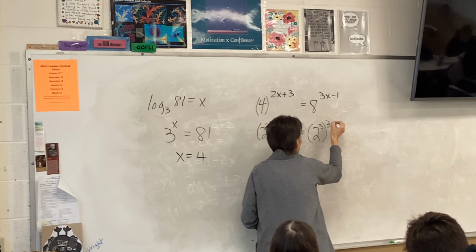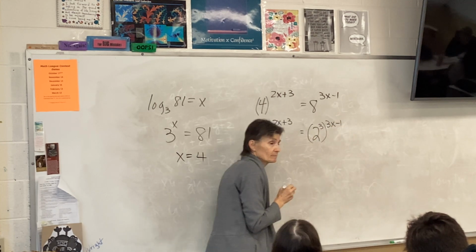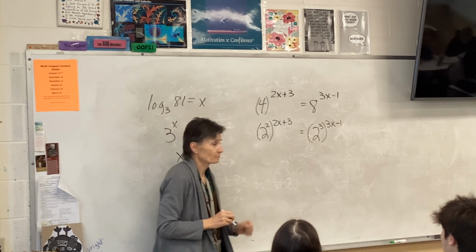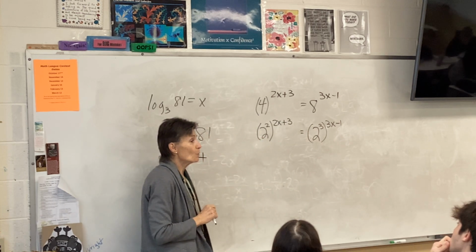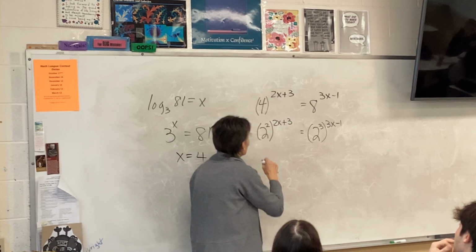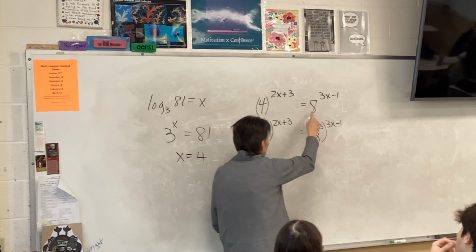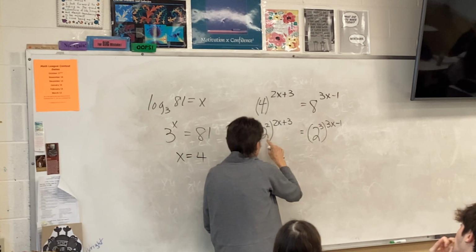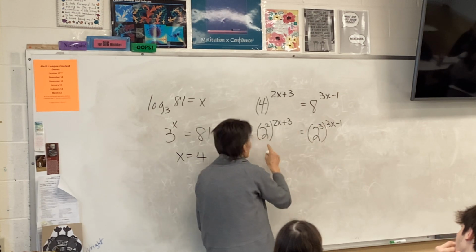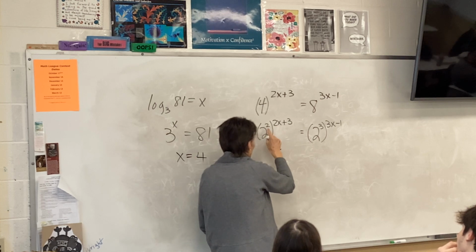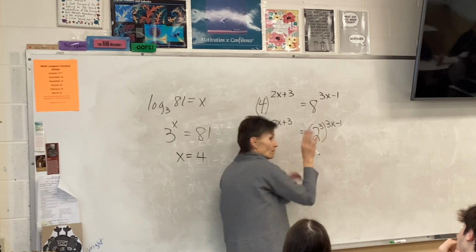And that exponent is still there. You have to be able to write this number and this number as the same number to a power. So 4 is 2 squared, 8 is 2 cubed. It works out perfect.